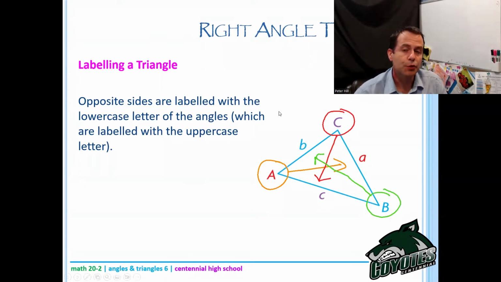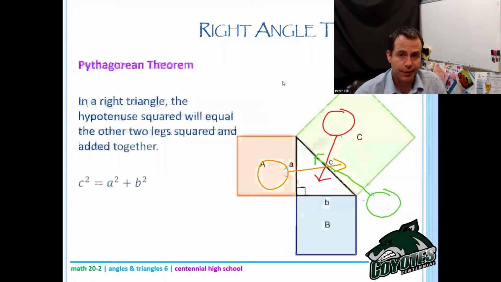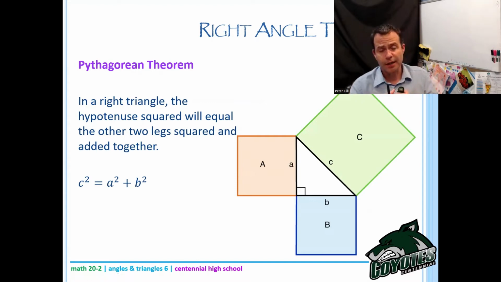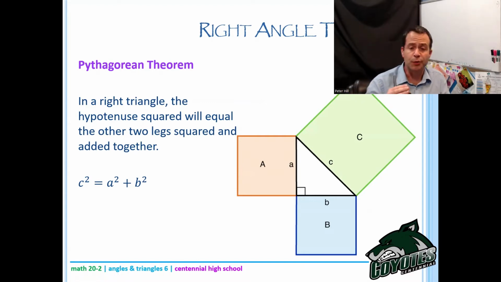Two big things that you have learned thus far when it comes to trigonometry. One is the Pythagorean theorem. This was introduced to you around grade 8 for most of you. It says this: in a right triangle, which means you have a 90-degree angle, the hypotenuse is the largest side of the right triangle. It's also opposite the 90 degrees. The hypotenuse squared will equal the other two legs squared and added together.